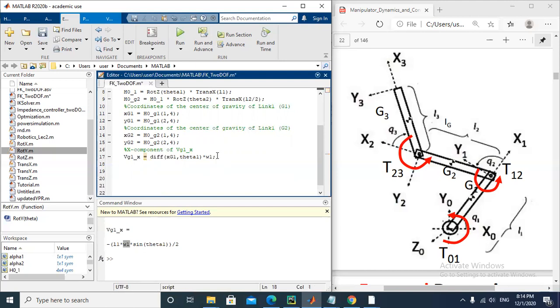Let's call this section velocities of the centers of gravity. The y velocity of g1 is the partial derivative of yg1 with respect to theta 1, multiplied by omega 1.